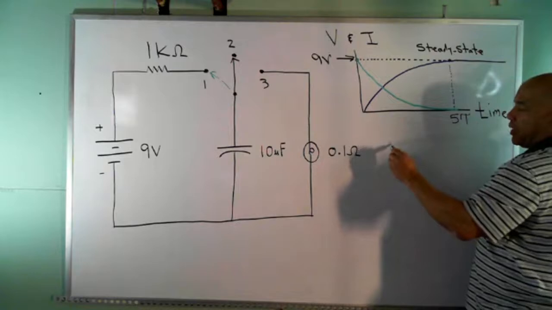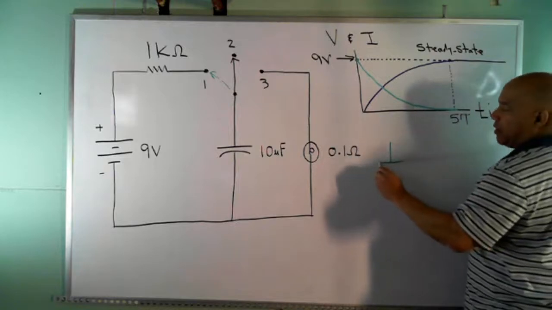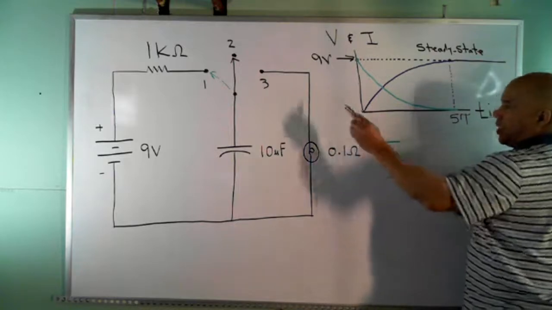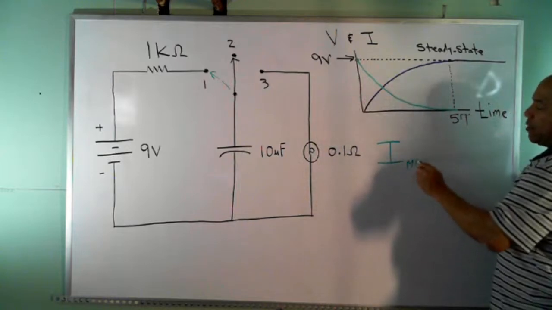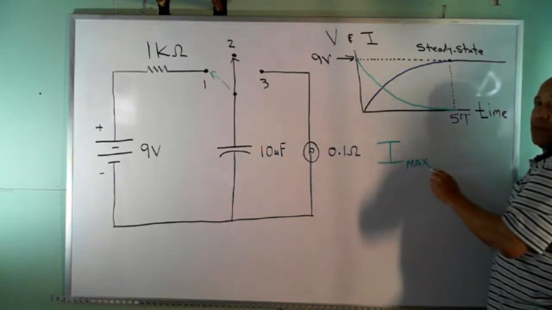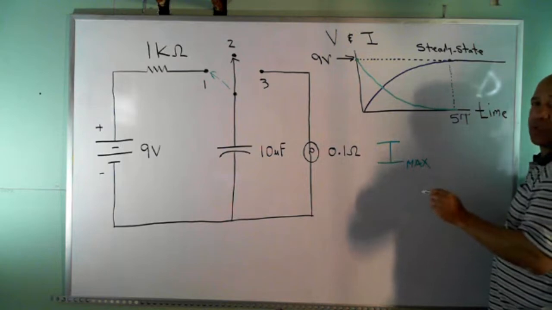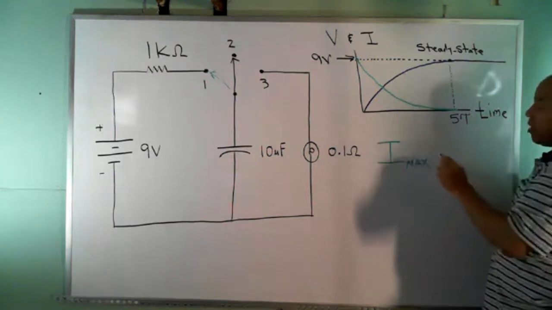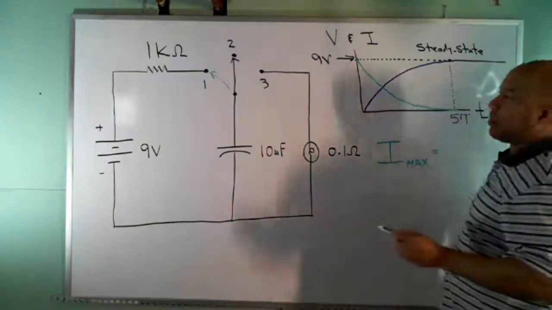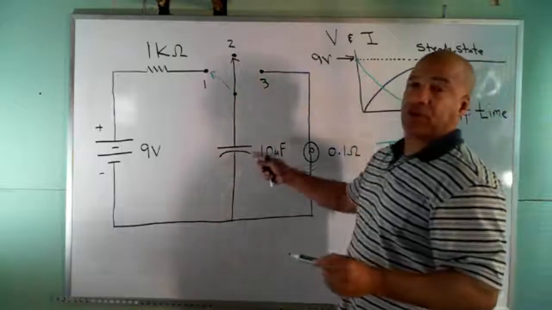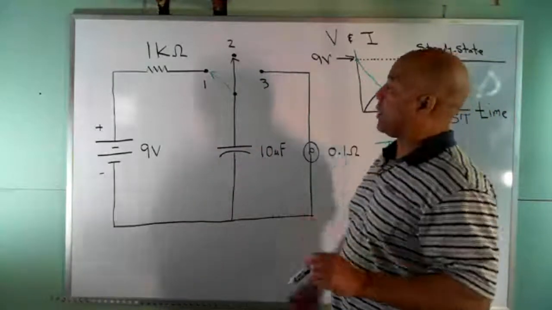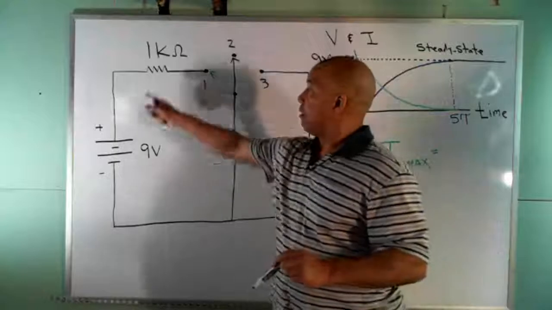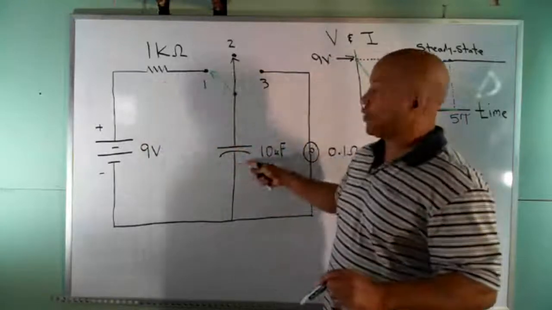So the question is, what is the maximum current in the circuit when I move the switch from position 2 to position 1? And the maximum current is going to happen at t equals 0. I get maximum voltage across the resistor, therefore I get maximum current in the circuit. So at t equals 0, remember, the capacitor is a short circuit. So at t equals 0, all you have in the circuit is this battery, that resistor, and this is a short circuit.